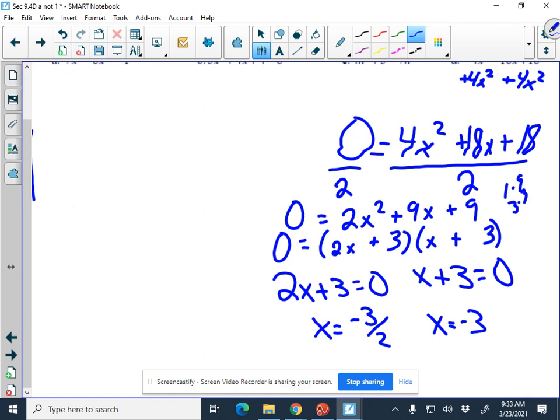Okay. Going to go into the next part. Do these two together. Get into the word problems. Everybody good on this one?